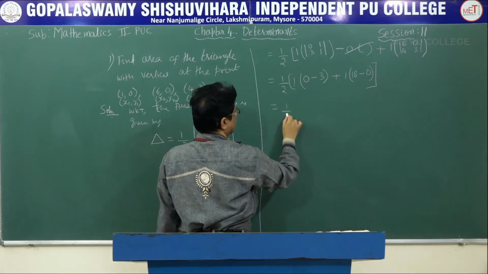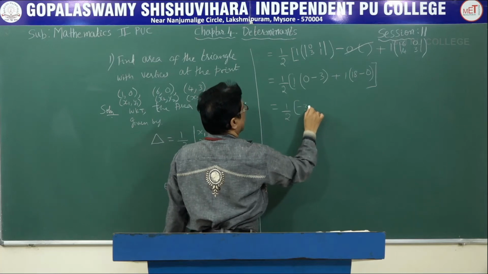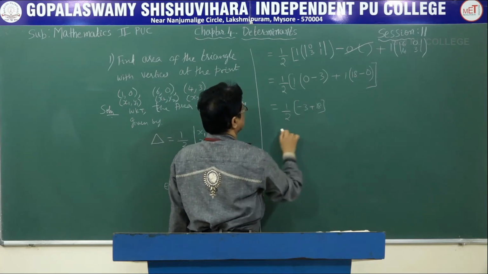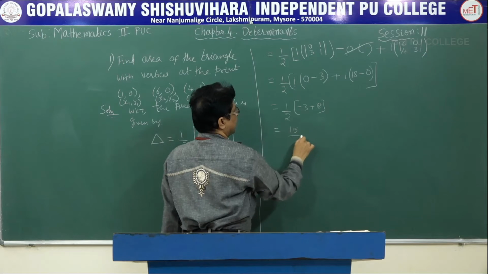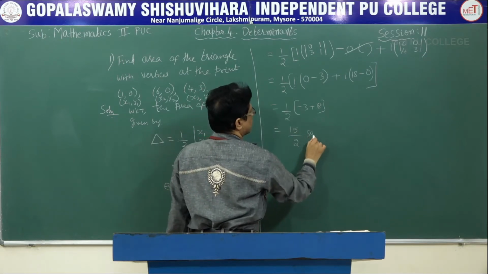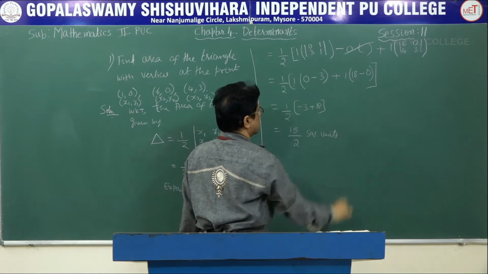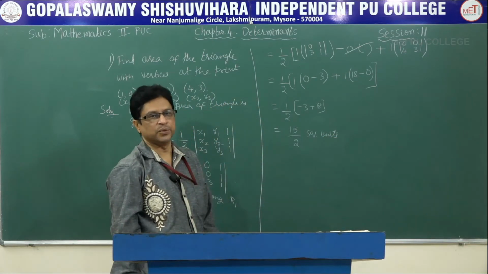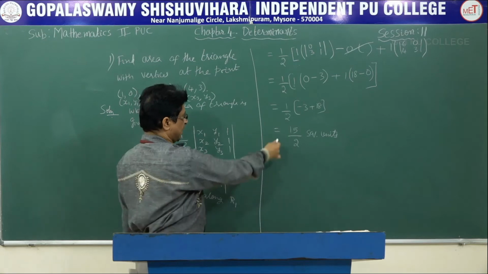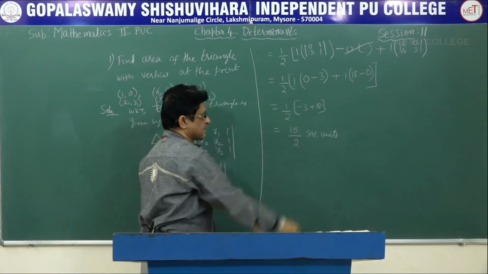So that is equal to half into (minus 3 plus 18), that is equal to 15 by 2 square units, because area is measured in square units. So area of triangle equals 15 by 2 square units.